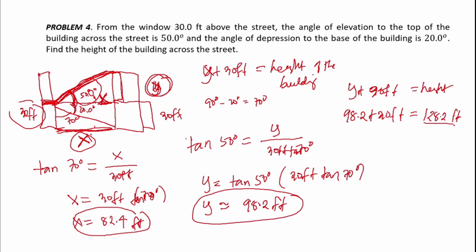Since the given has only 3 significant figures, approximately we have 128 feet as the final result for the height of the building. So this is the height of the building, which is 128 feet.